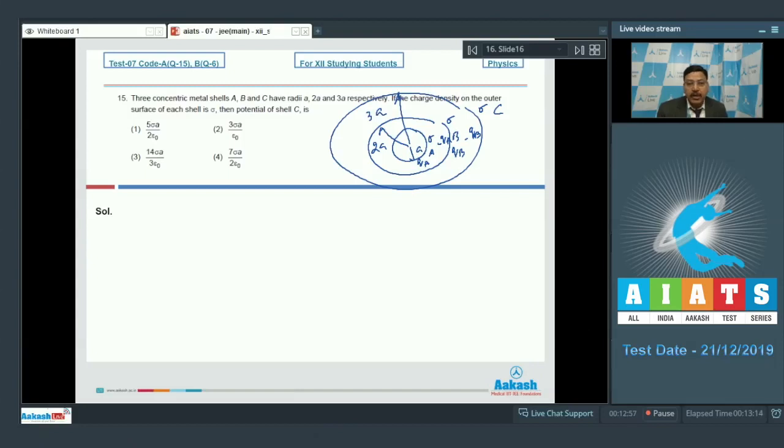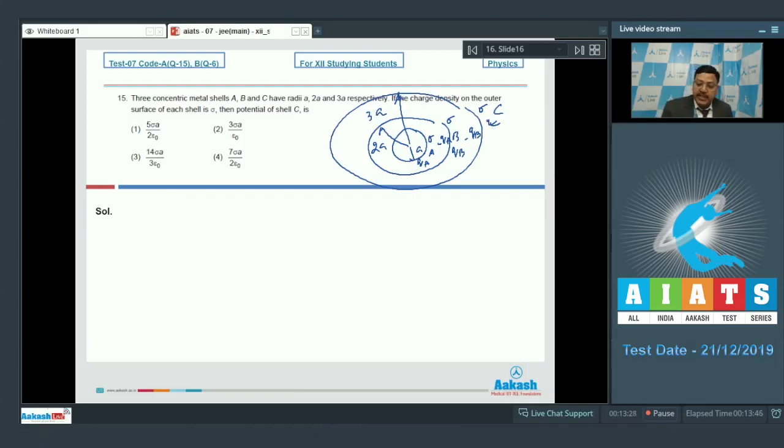We know that from the property of conductors, and this we get by applying Gauss law and also considering the fact that the charge in the interior of the conductor is always 0 in electrostatic conditions. So, we can see that all this is happening, and here again the charge density on the outer surface of C is also sigma. So, what does it give us?